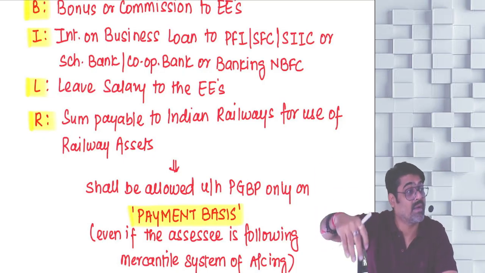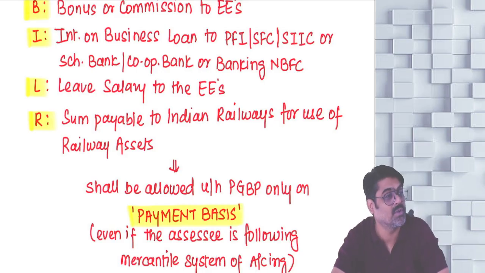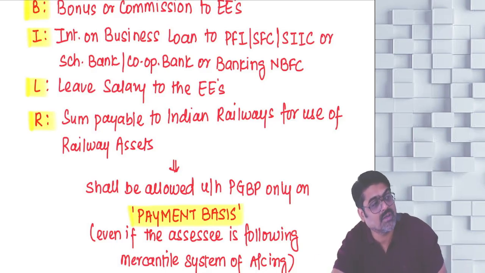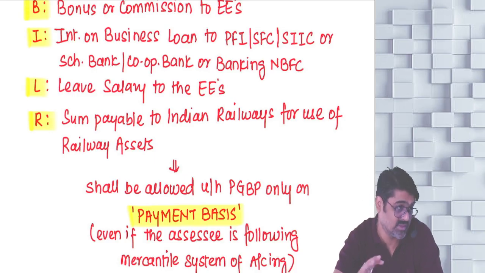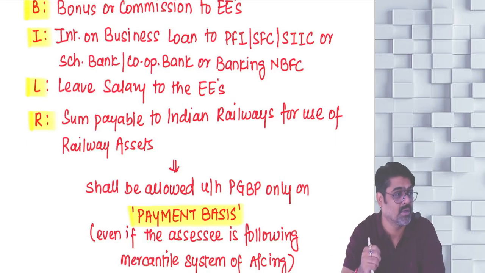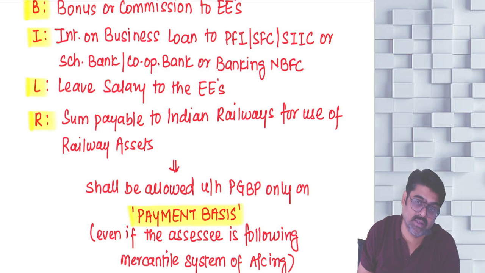In those rail wagons, you load your goods and those goods are transported from one place to another. So in your business, for transportation of your goods, are you using the asset of railway? Yes. You are using the rails, which is the asset of railways, for your business. So are you going to make the payment to railways for that? Yes. That payment will be allowed as a business expense.